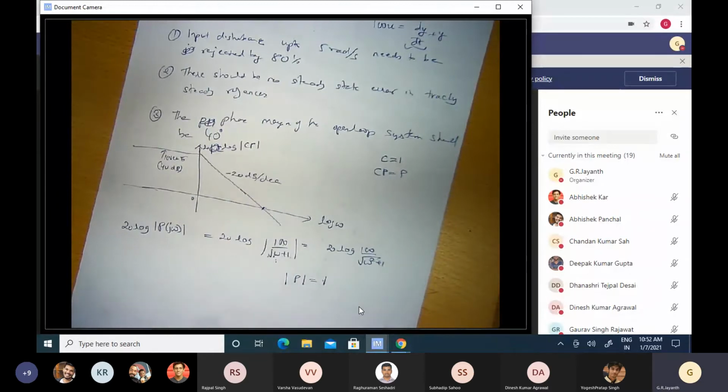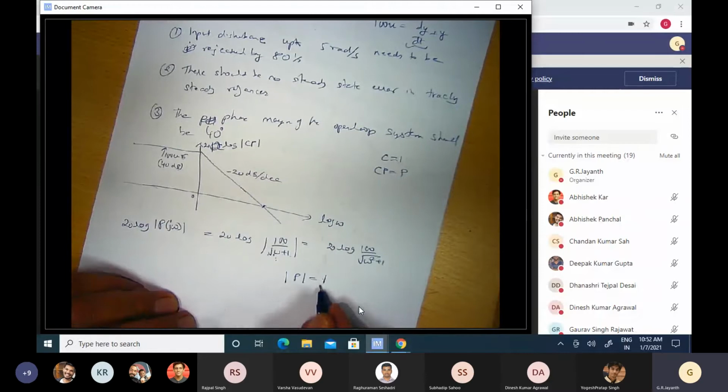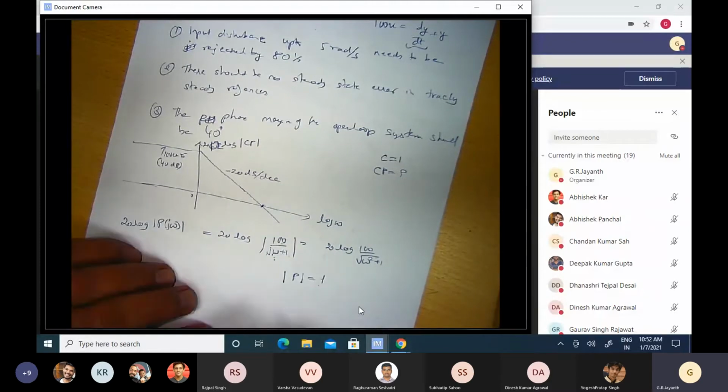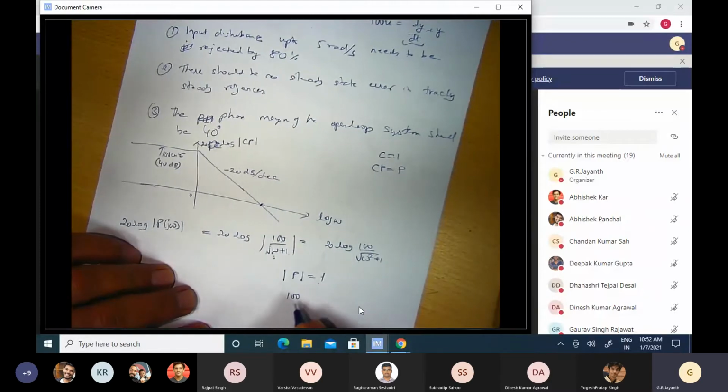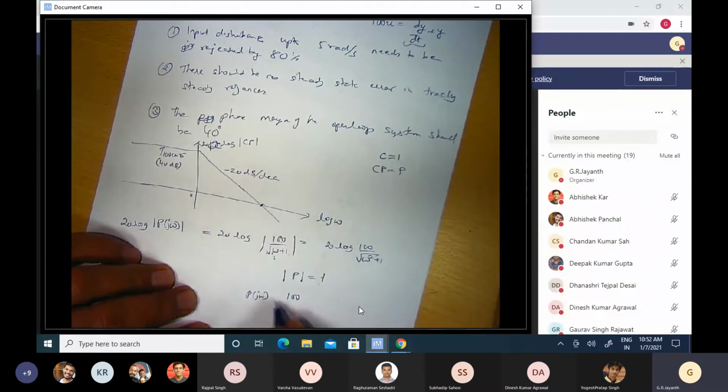So how do I find out at what frequency this happens? I notice that P of j omega in the vicinity of this is roughly equal to 100 by j omega, because omega is much larger than 1 radian per second. So the magnitude of this is going to be equal to 100 by omega, and that should be equal to 1.